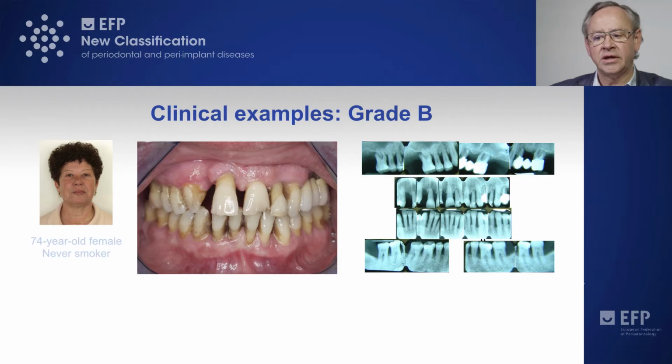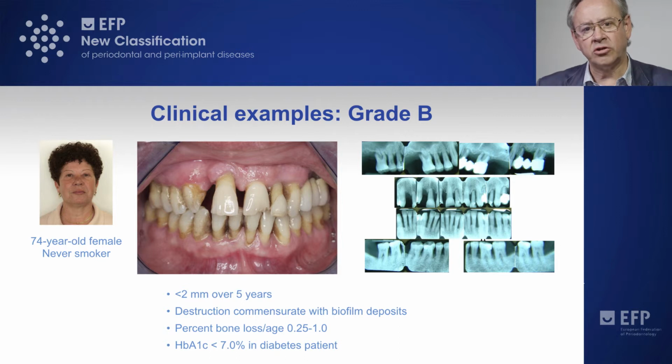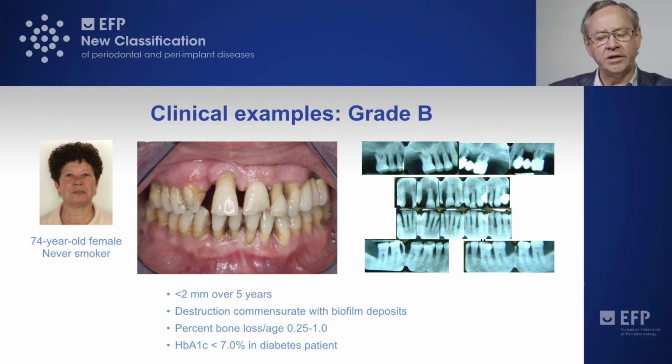This is a patient that is 74 years old. This is a patient that has not lost more than 2 millimeters in the past 5 years, and we do have previous records of this particular patient.